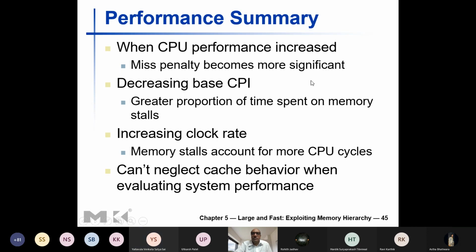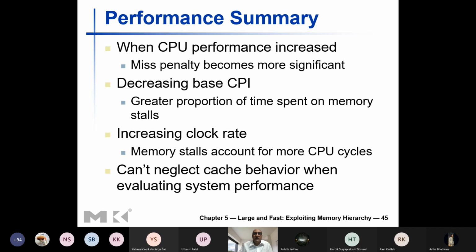the overall execution time or overall performance, still depends upon the miss penalty, because it's not just the CPU. If you make it faster or more efficient, it's not sufficient, because the CPU always accesses the cache and the memory, because the entire program is in memory and that in turn will be placed in the cache.